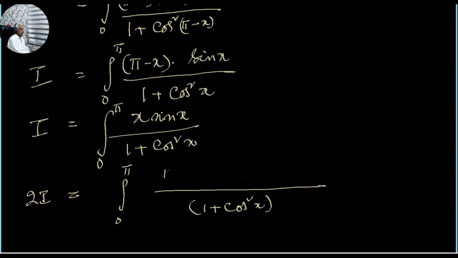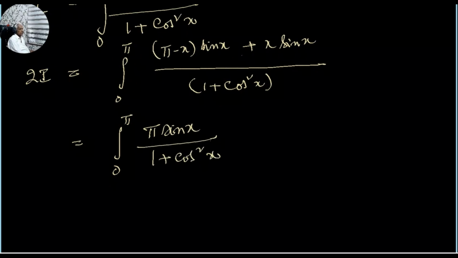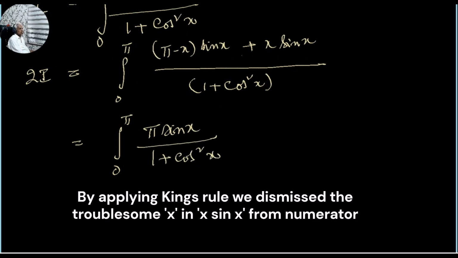Plus pi minus x sin x plus x sin x. That is equal to the integral from 0 to pi of pi sin x by 1 plus cos square x, minus x sin x plus x sin x. That gets cancelled. Nothing remains. This is there. That's it.